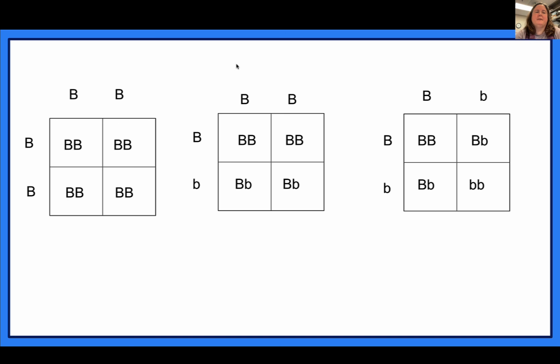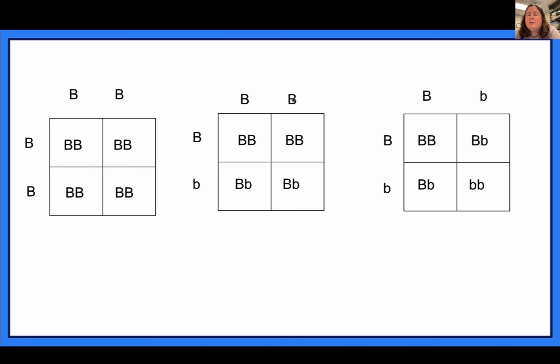So we have two parents that are dominant, one parent dominant and one heterozygous, and this one, both parents are heterozygous. So we can see what the predictions would be for their offspring. If we had two homozygous dominant parents, all their kids are going to be homozygous dominant.